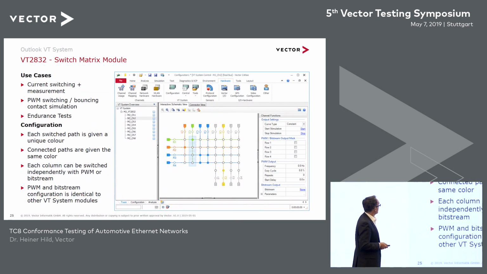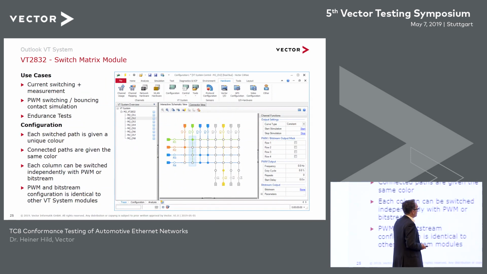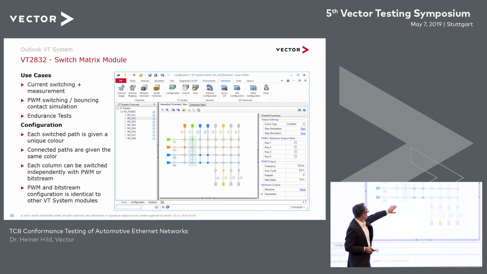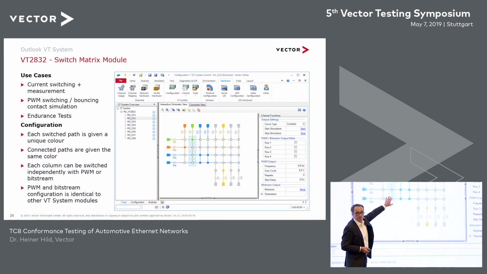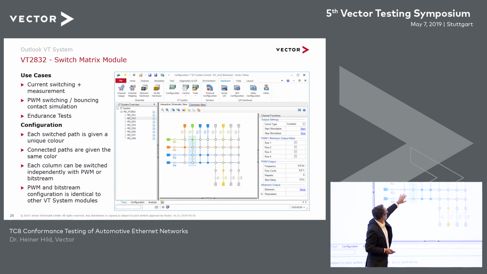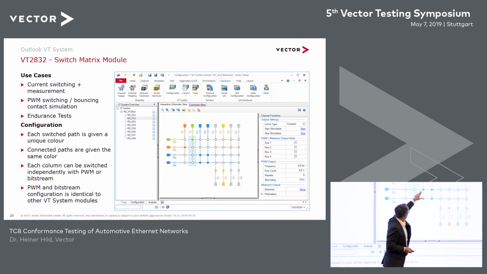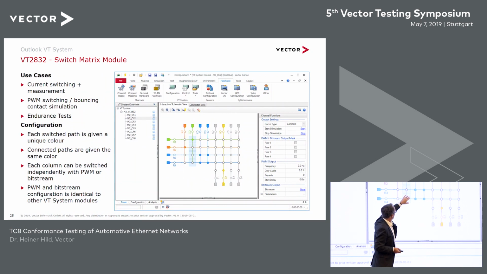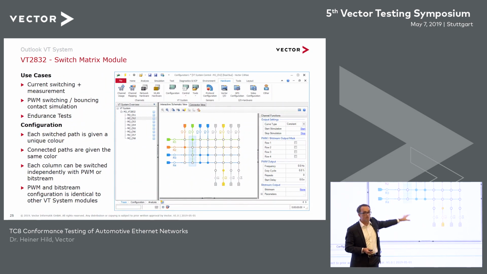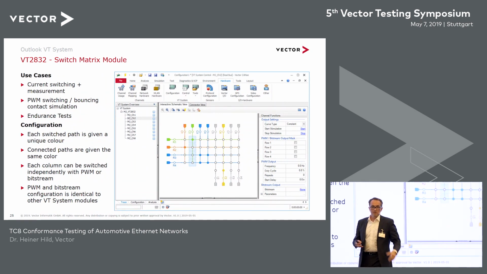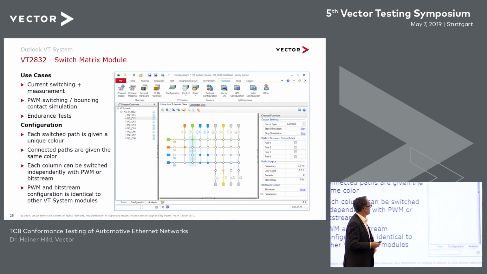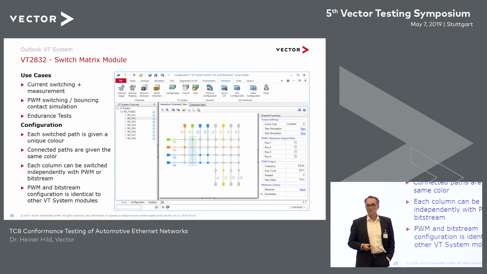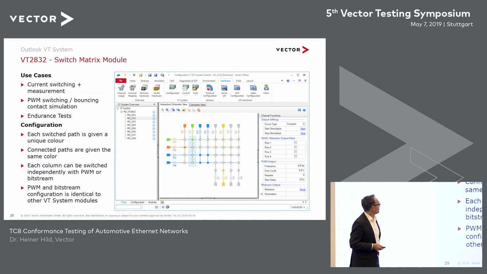It's realized in such a way in CANoe that for those who already know the VT integration, there's also a manual GUI, where, as you could expect, individual nodes can be clicked, and then they will be switched, then the path will be contacted. If 2 paths are in parallel, then they will assume the same color. Otherwise, the individually switched paths are in different colors. Nothing special, but a little bit intuitive, so that you recognize where you're just moving.